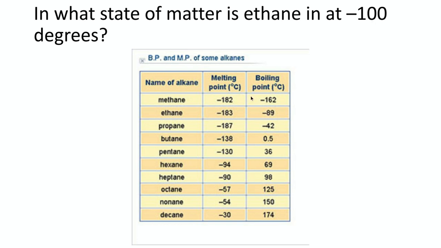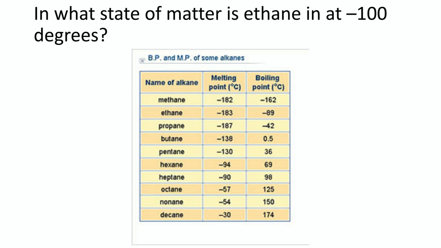So when I go down to the chart, here's ethane, and negative 100 is warmer than the melting point. And that means that ethane will have at least melted. So that means ethane is definitely not a solid. But negative 100 is less than negative 89. And so that means that ethane will not have boiled yet.